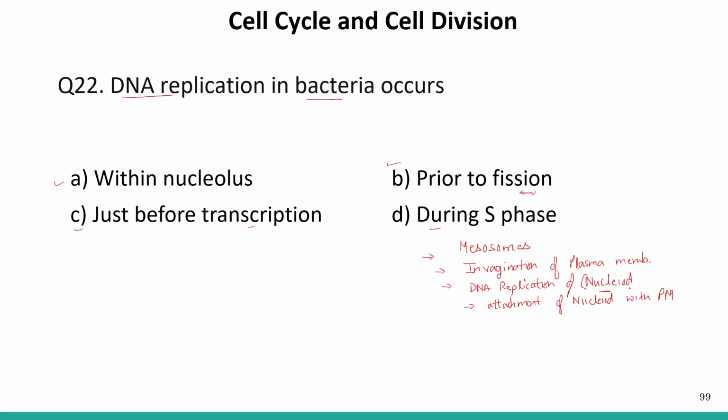Now what is a nucleoid? A nucleoid is an irregularly shaped structure present within the prokaryotic cell, which consists of all or most of the genetic material in a prokaryotic cell.